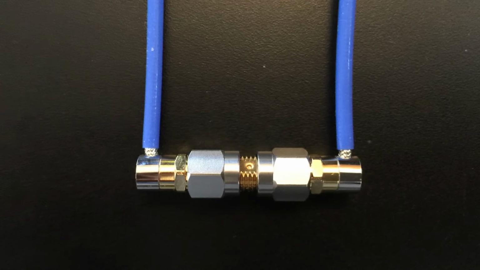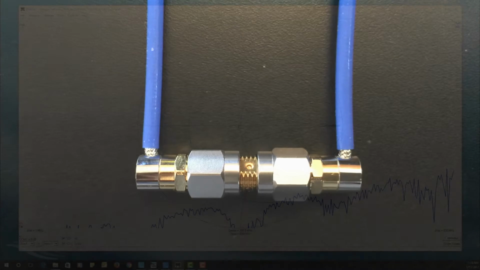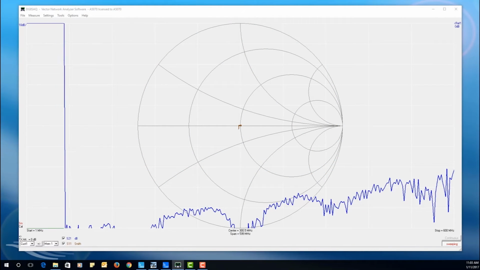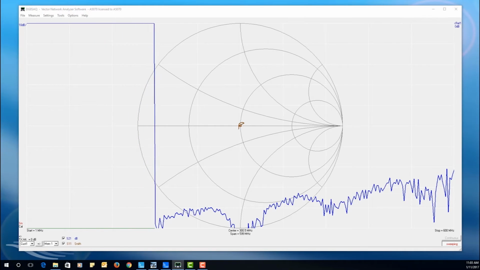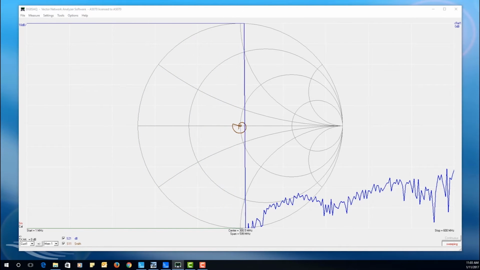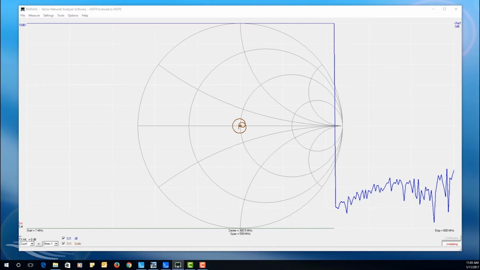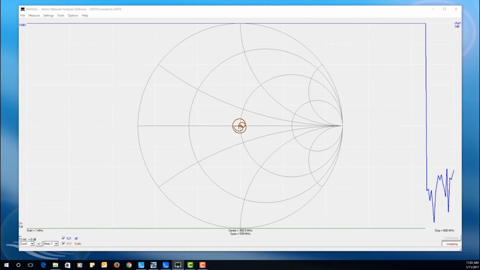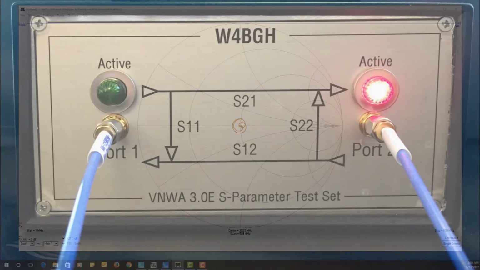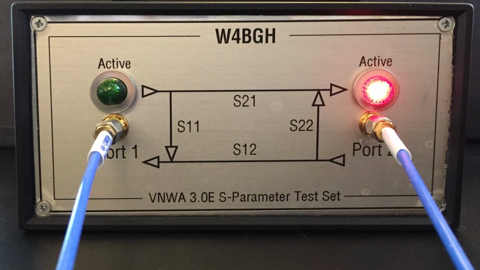This part of the calibration is finished by connecting the 2 cables together and initiating one more scan. Now we switch the test set to the reverse direction, and the red light is illuminated, indicating that port 2 will now serve as the tracking generator. The same procedure with the short, open, load, and through connections are repeated on the port 2 cable.